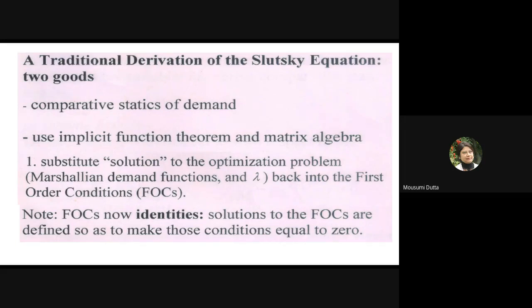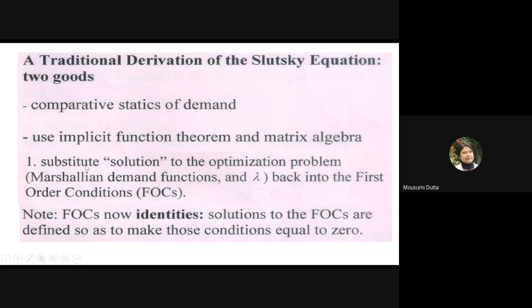Naturally, there are two prices, P1 and P2, and the consumer's income is given by M. So once we have this optimized amount, which is a function of parameters, then only we will be able to start a discussion based on comparative statics.